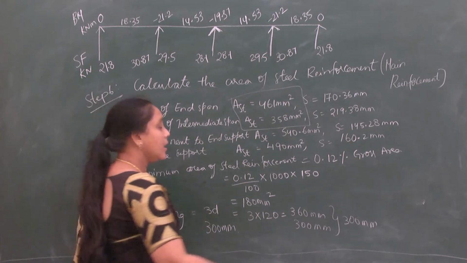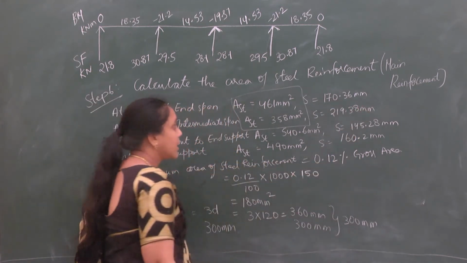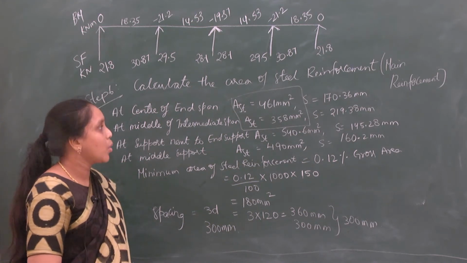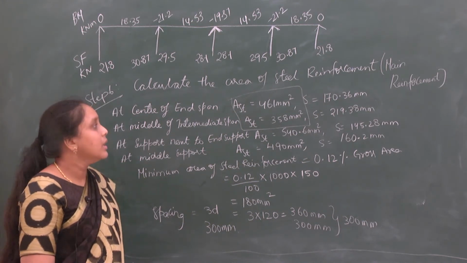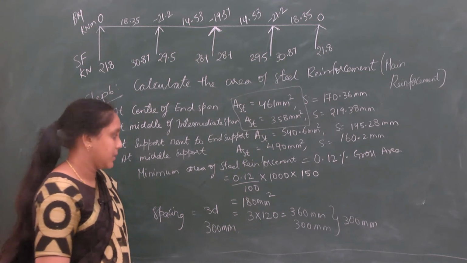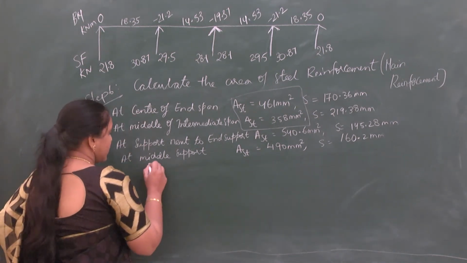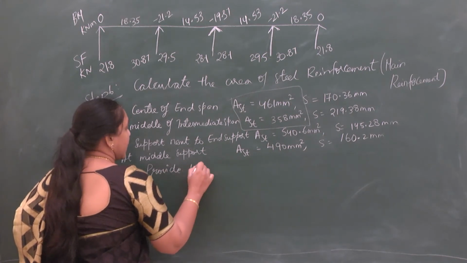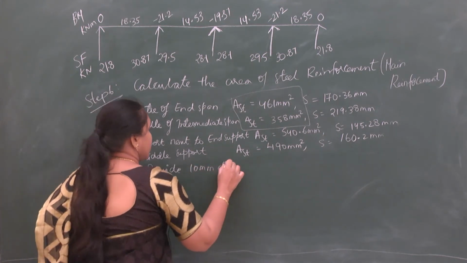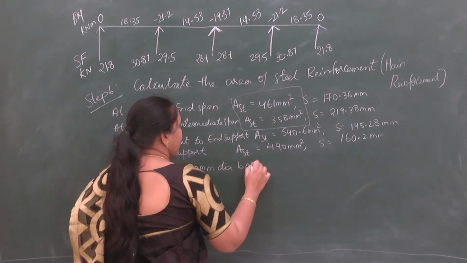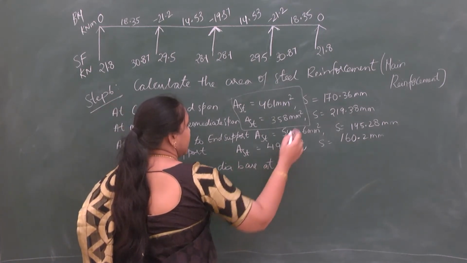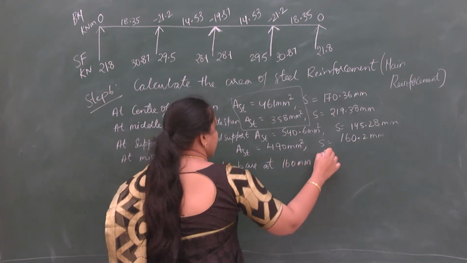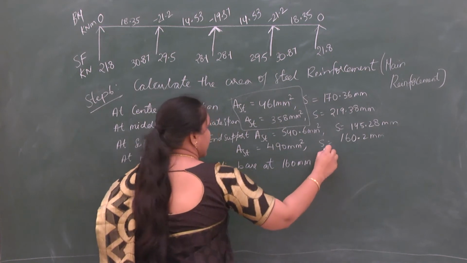Instead of 170, you can take 170 mm center to center spacing also, but I'm going to take 160 mm center to center spacing. So here I am providing 10 mm dia bars at 160 mm center to center.